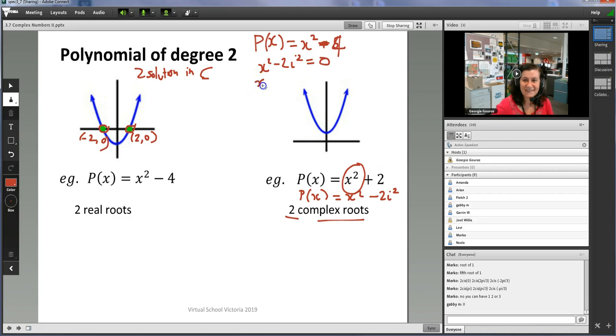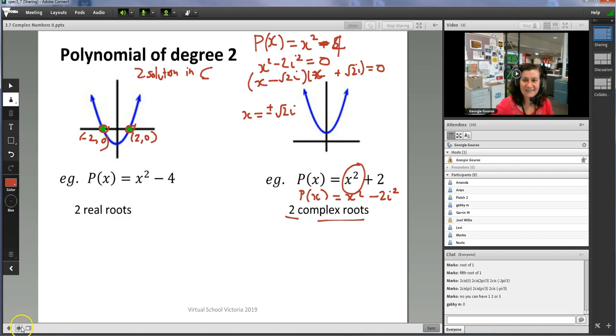That's x minus root 2i, x plus root 2i equals 0. So the solutions here, x in the complex number system, are plus or minus root 2i, which, how about that, is a conjugate pair.